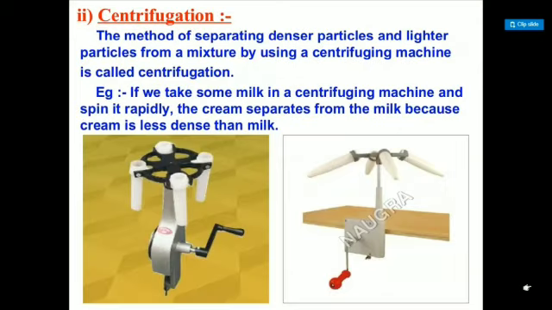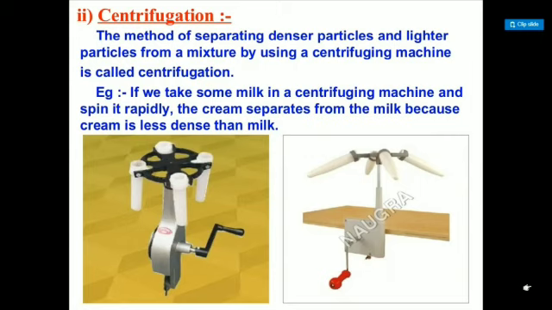Next is centrifugation. Do you know where we use centrifugation at home? Just think. Yes, it is in the washing machine or in the mixie. It is the method of separating denser particles from lighter particles. What is the difference between the components present in the mixture?